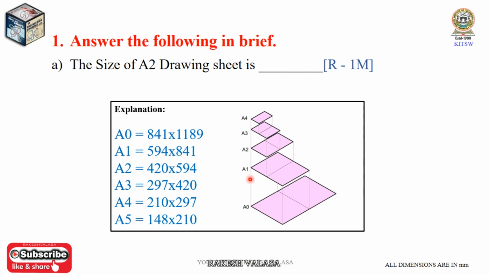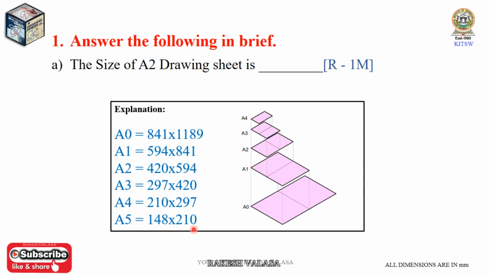Fold A1 again and you get A2 sheet, that is 841 by 2, approximately 420 into 594 mm. Fold A2 again, you get A3. A3 equals 297 into 420. A4 is 210 into 297. A5 is 148 into 210.